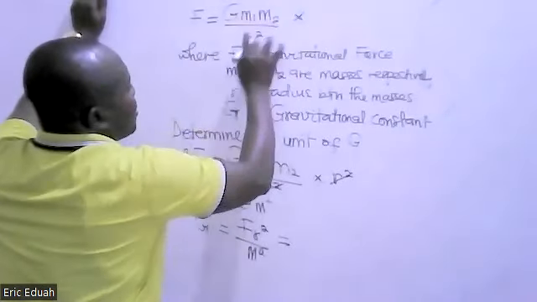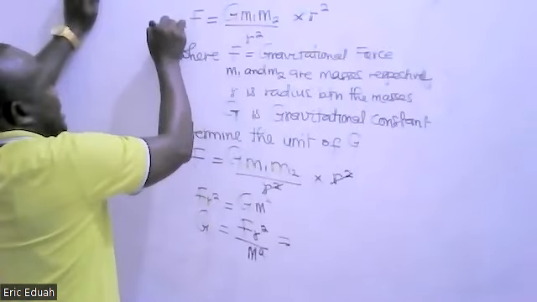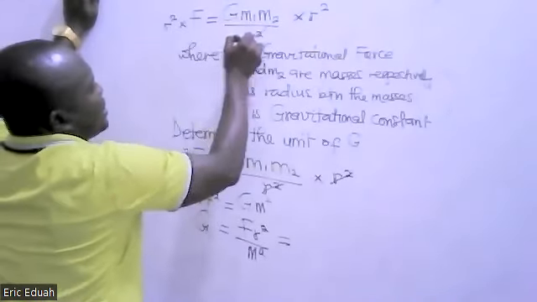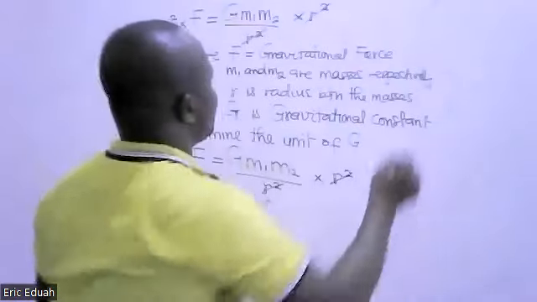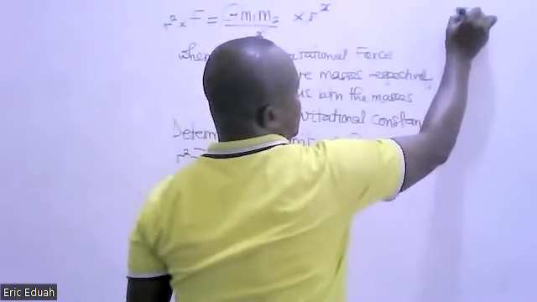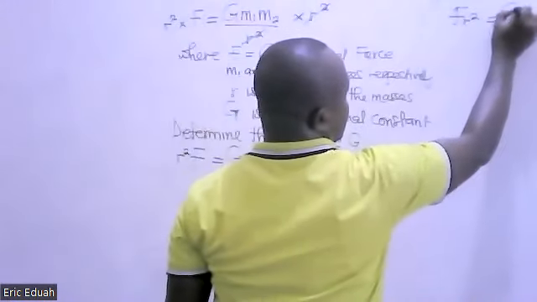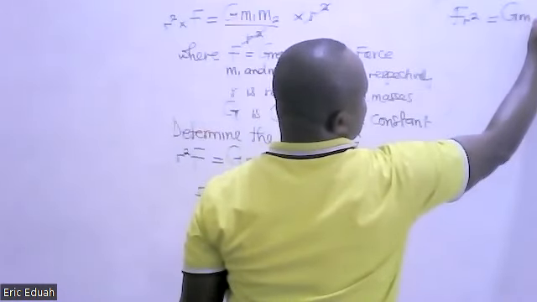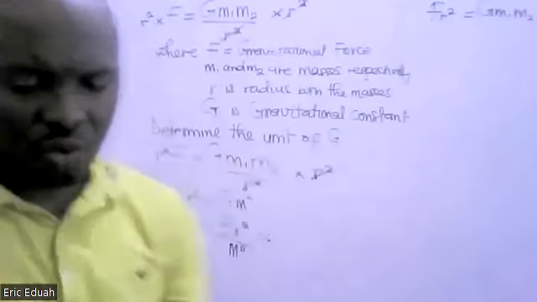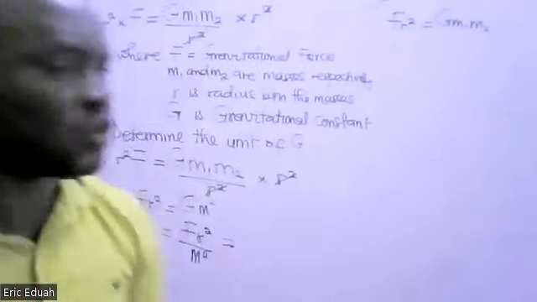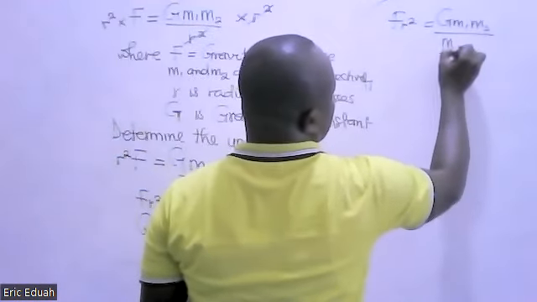You think of eliminating all the quantities around G. So I multiply through by G, then I have F R squared equal to G M1 M2. What I would have to do is divide through by M1 and M2.